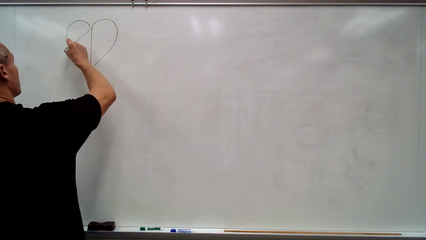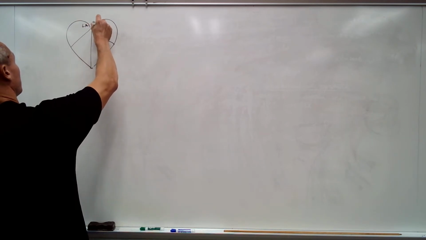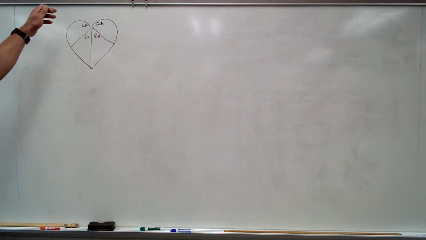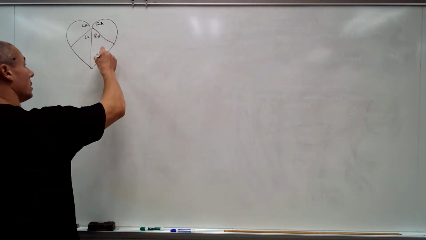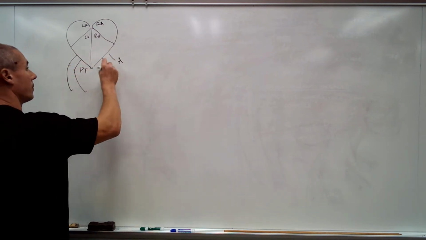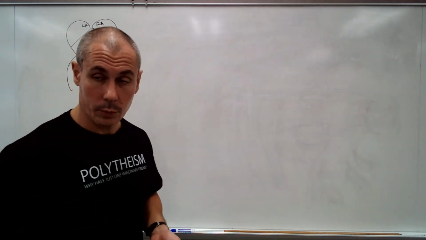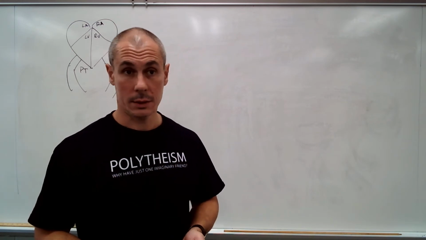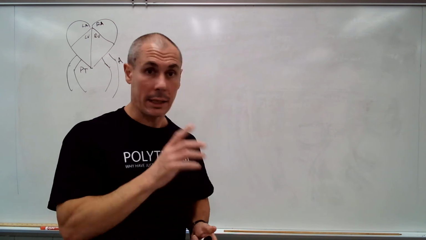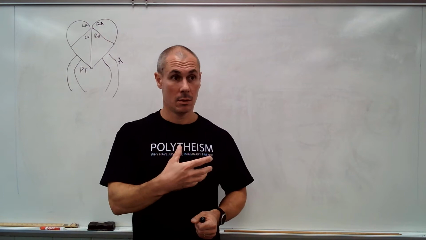So left atrium, right atrium, left ventricle, right ventricle. Okay, see that? So here's the aorta, here's the pulmonary trunk. During the fetal development of the heart, does a fetus breathe with the lungs?